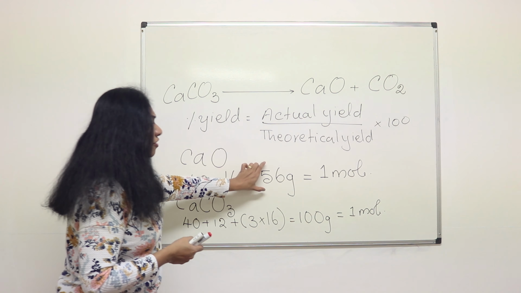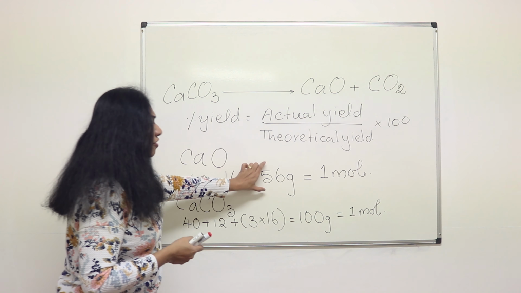Here you go. Now, we are going to do this experiment in our laboratory and you are going to get your practical yield. You have been given 100 grams of calcium carbonate. You are going to thermally decompose it and you are going to get the actual yield of calcium oxide.